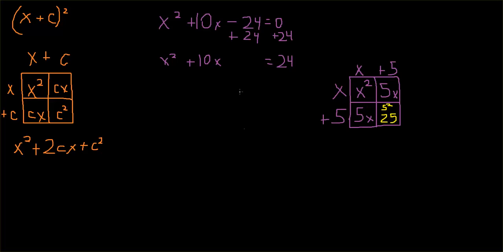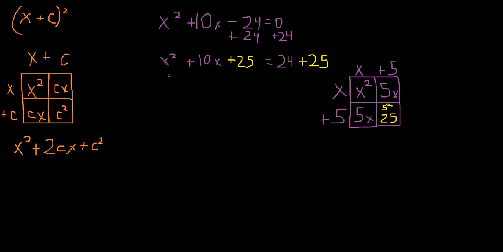So to complete the square, we actually need to add 25 to both sides of our equation. Because if you look, x squared plus 10x are in the first three boxes. But that bottom right-hand box of the square, the 5 times the 5, we were missing that. And that's why it's called completing the square. We are filling in the missing information from the square.